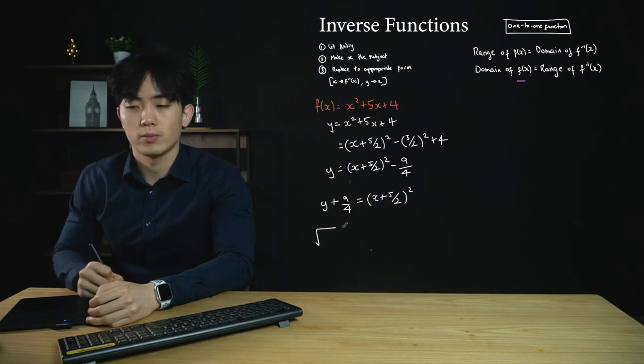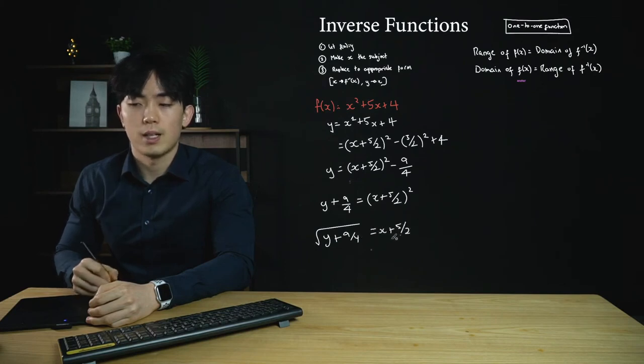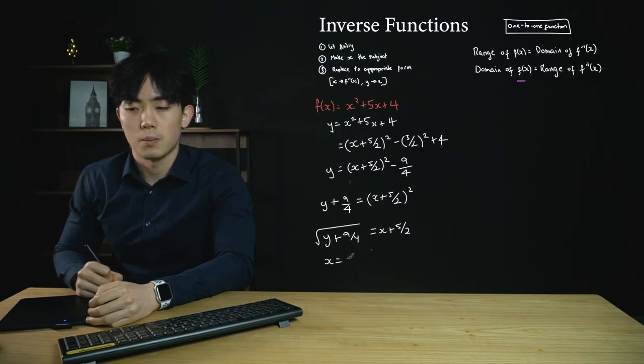Square rooting it, the square root of y plus 9 over 4 will give you x plus 5 over 2. And then if you minus the 5 over 2, that will leave you with your x. So x is equal to minus 5 over 2 plus the square root of y plus 9 over 4.